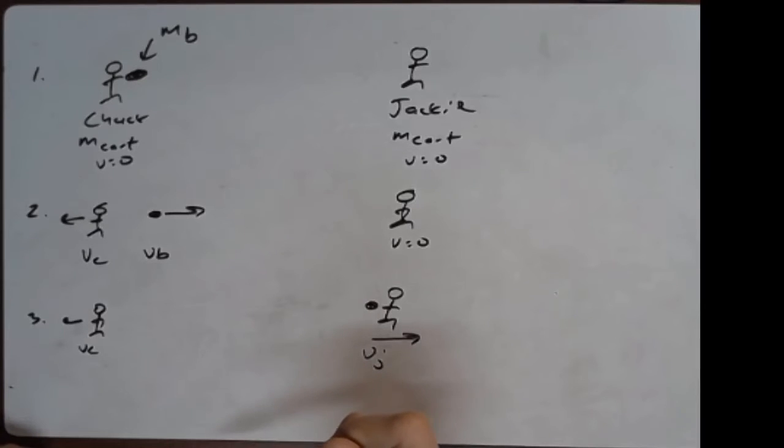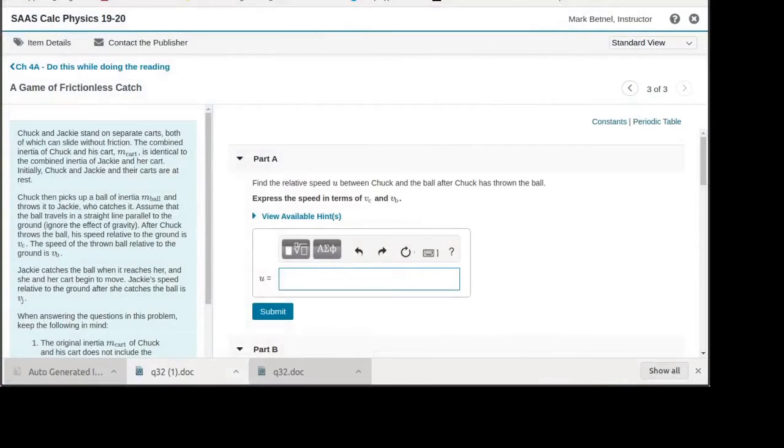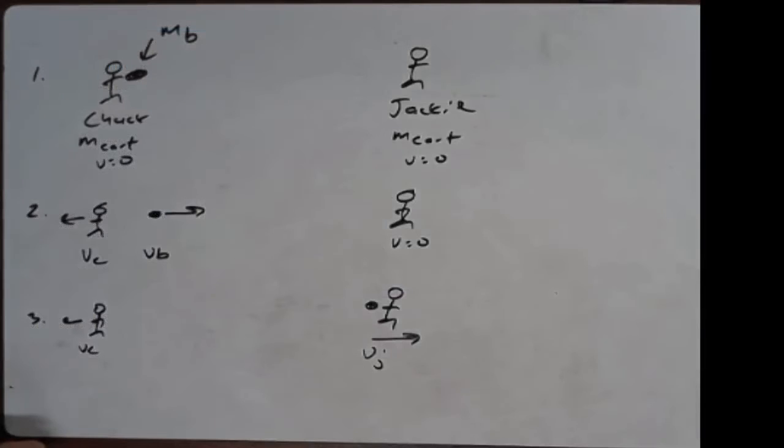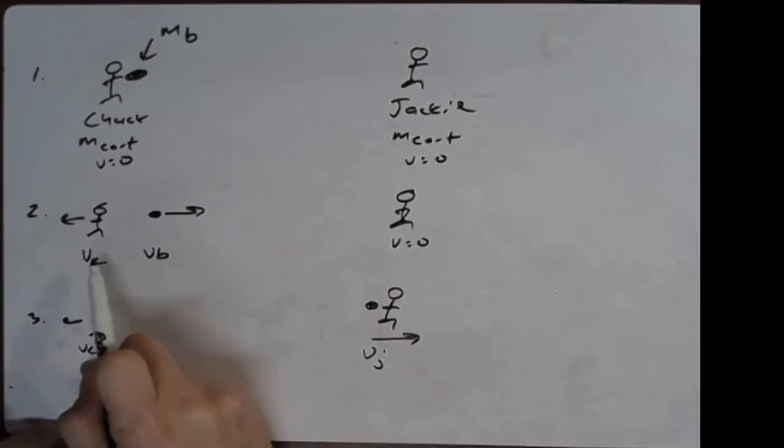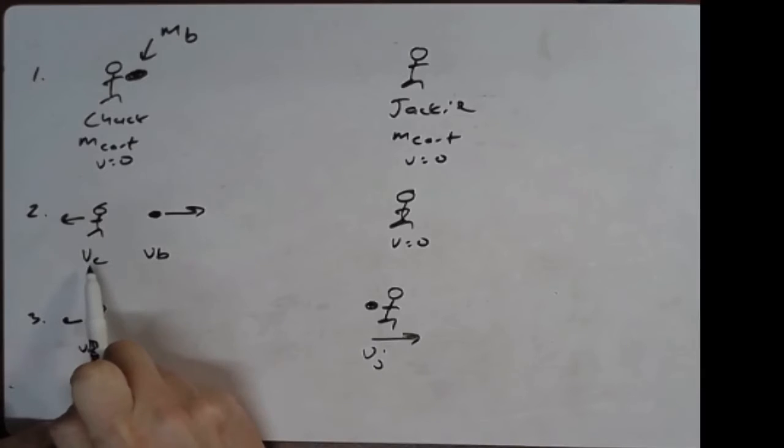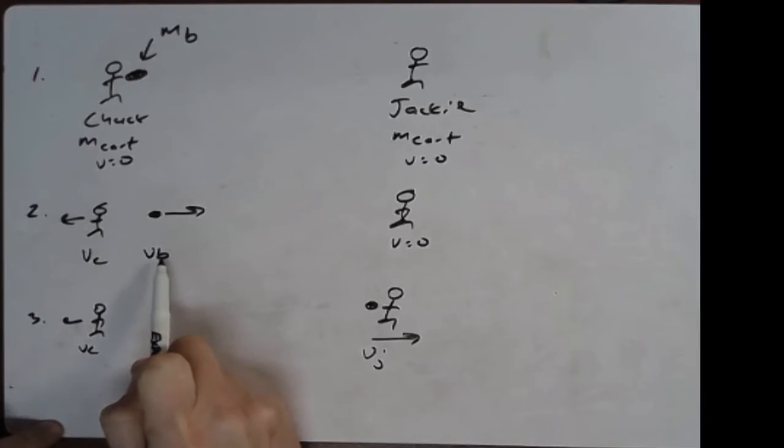So the very first question is about the relative velocity of Chuck and the ball. Let's look at what it says. It says, find the relative speed between Chuck and the ball after Chuck has thrown the ball. What does that even mean? So the relative speed of Chuck and the ball is basically how fast would Chuck say the ball is going?